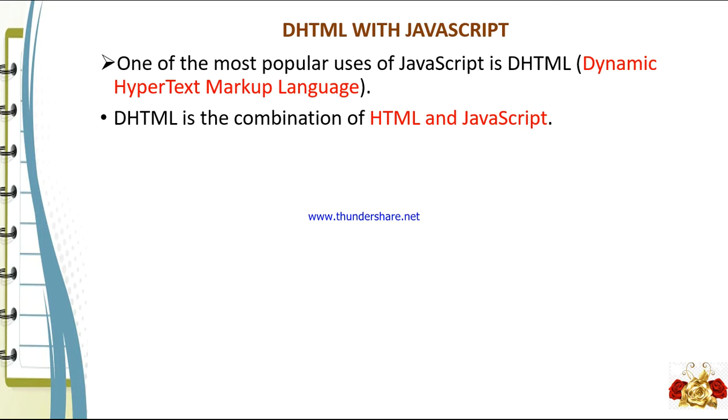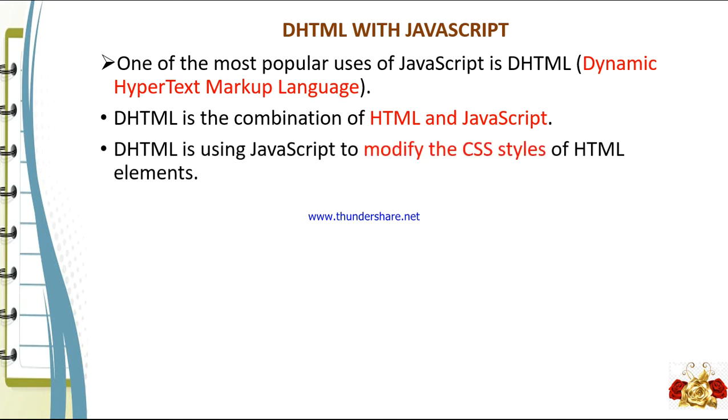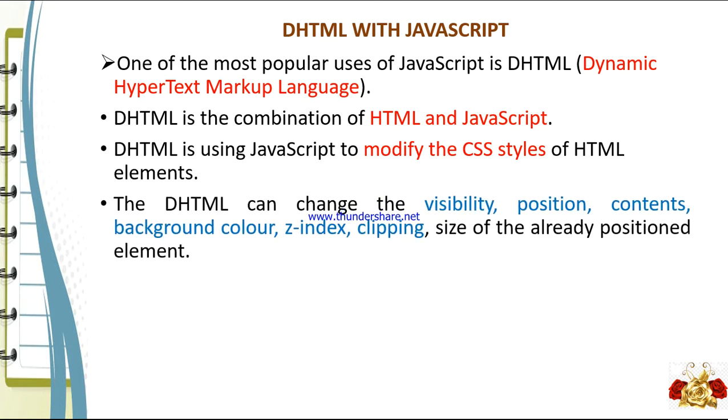DHTML uses JavaScript to modify the cascading style state of HTML elements. We have already studied the CSS concept and the HTML concept, but DHTML mainly uses JavaScript to modify the style state of the HTML elements.